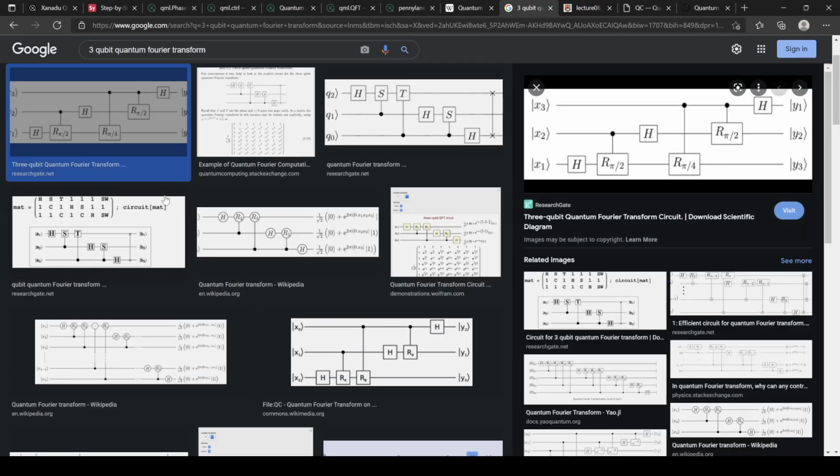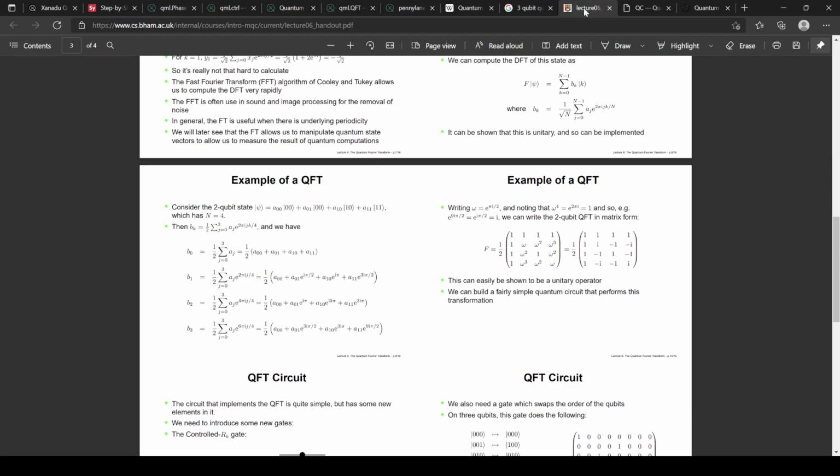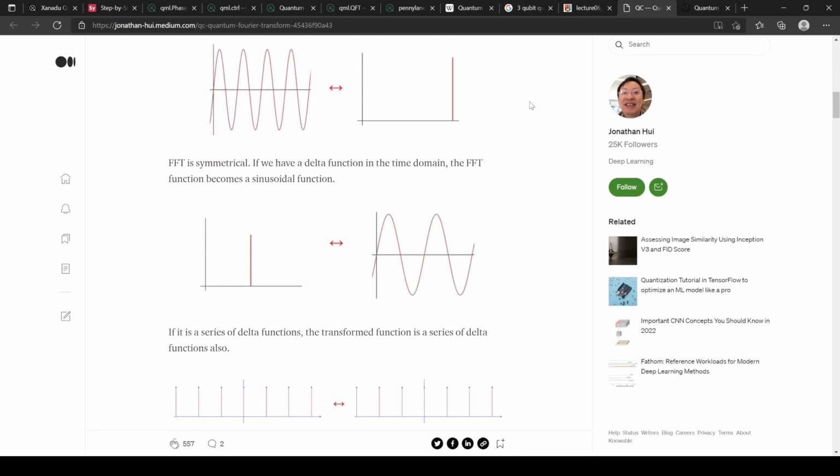Let me see. So this implementation, right, if we swap them, put x1 up here, then we have, no, that doesn't make sense. Let's see.